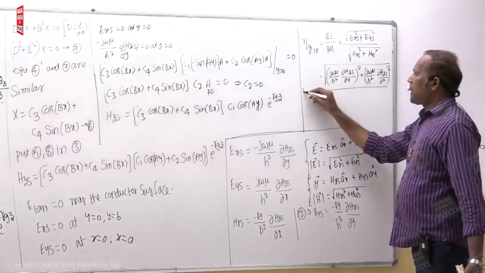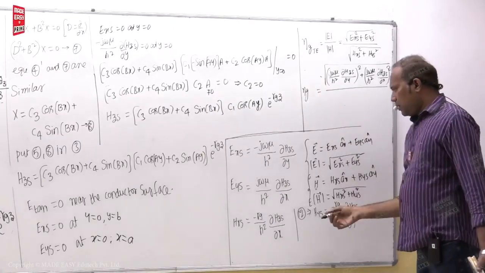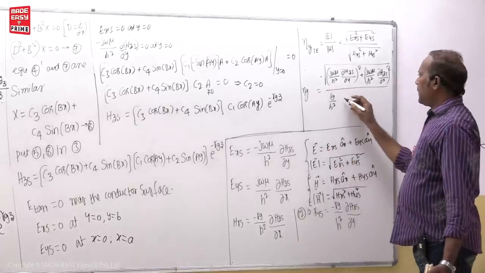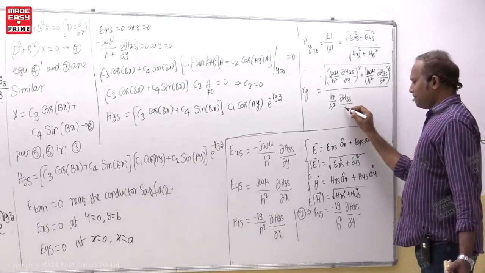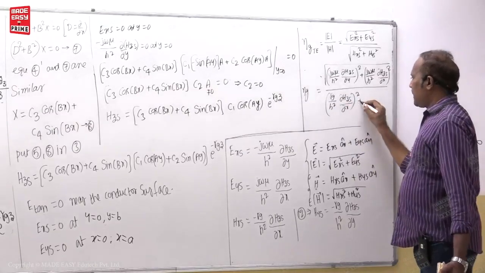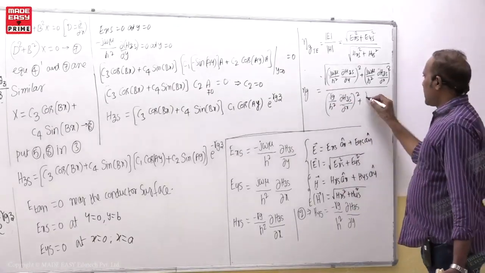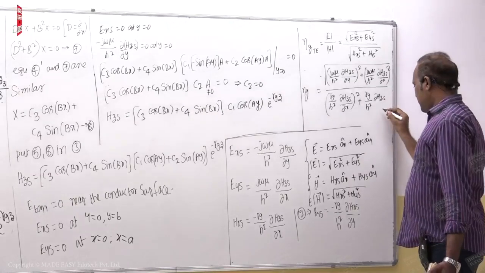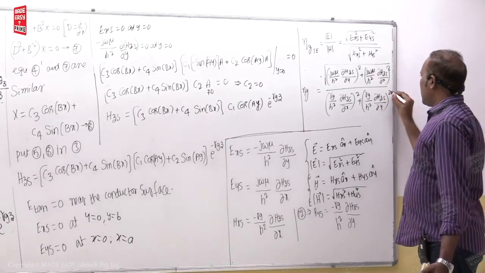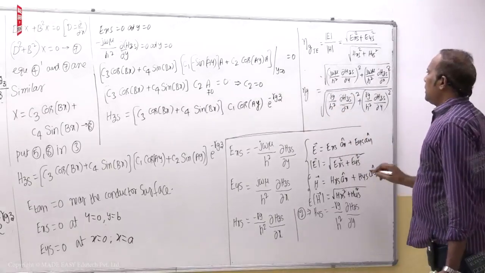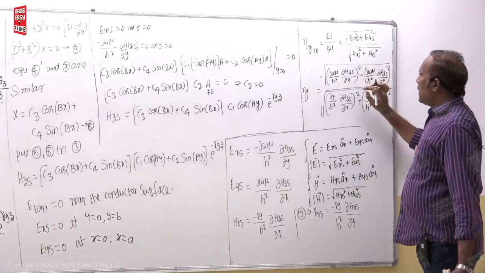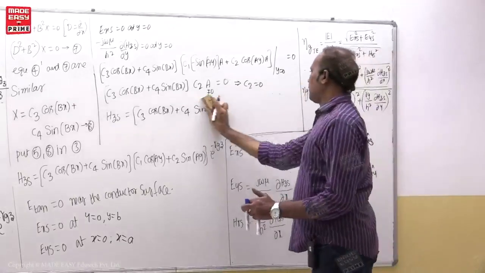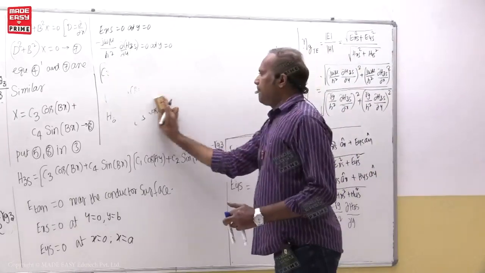Now divide with eta g, simply I will write, student. Now HX is this one: gamma g divided by h square, dou HZS by dou x, square, plus gamma g divided by h square, dou HZS divided by dou y, square, root. j omega mu by h square whole square is a common numerator, it comes out. I will write here.